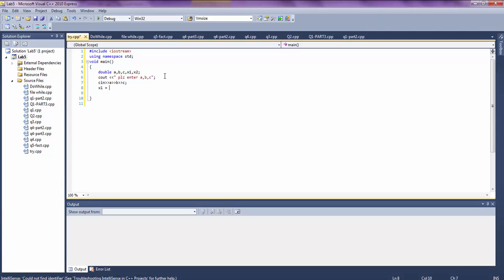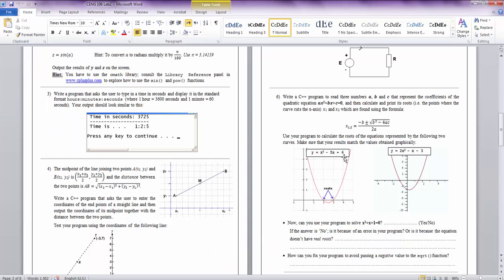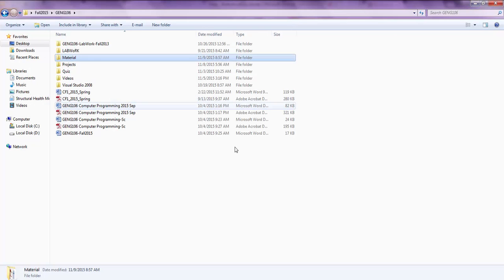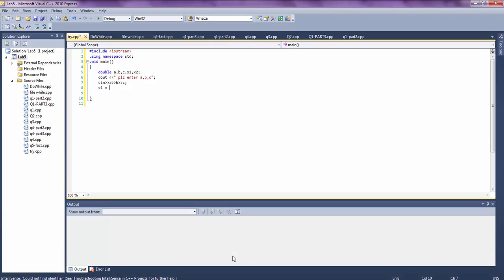x1 equals, let's just look at the equation again, minus b plus, okay, now we need the square root, so we are going to use the function sqrt. It has one parameter. This function is square root, and to use it, we need to include cmath.